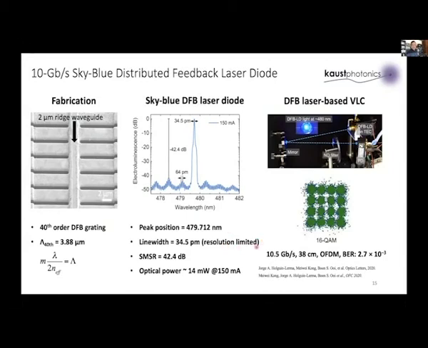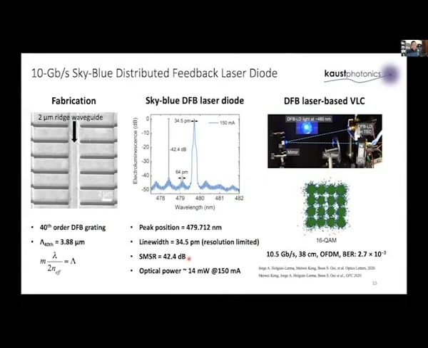We managed to get a line width of, again, about 35 picometers or so. I think we can get better than this, but our OSA, optical spectrum analyzer, is what is limiting us to those resolutions.